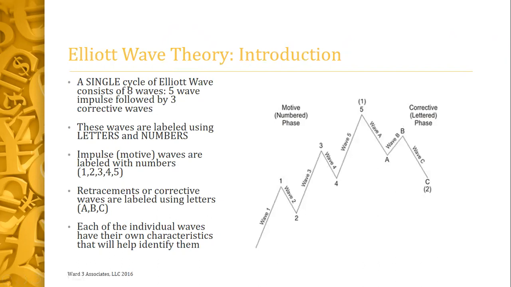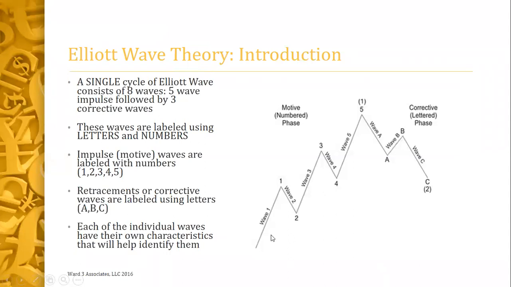These waves are labeled basically using letters and numbers. Just notice on this picture that the impulse waves are labeled with numbers. The corrective waves or the retracement are labeled with letters. Each of these waves, though, wave 1, 2, 3, 4, 5, and wave A, B, C, they all have their own individual characteristics that help identify them.